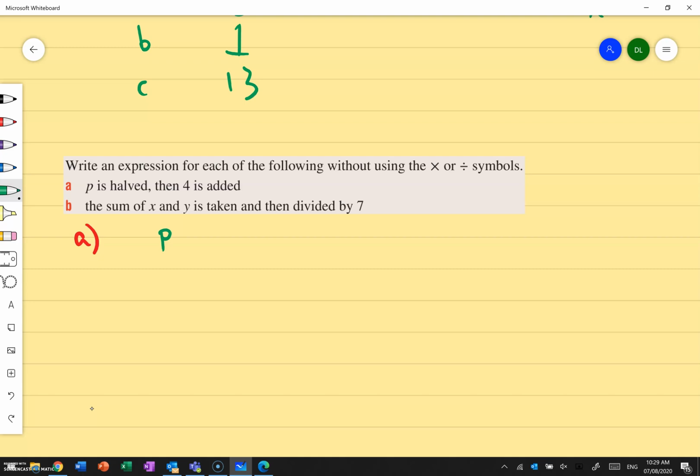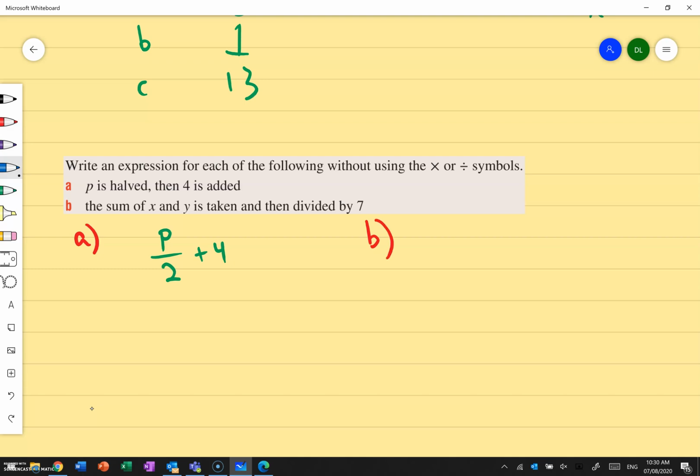So I'm going to write p over 2. I'm not writing the divide symbol because we don't use it in algebra much. So I'm going to say p divided by 2, as in p over 2, and then 4 is added, so I'm going to write plus 4 here. So it's and then 4 is added, not to the p, but to the whole p being halved. So we write plus 4 at the end.